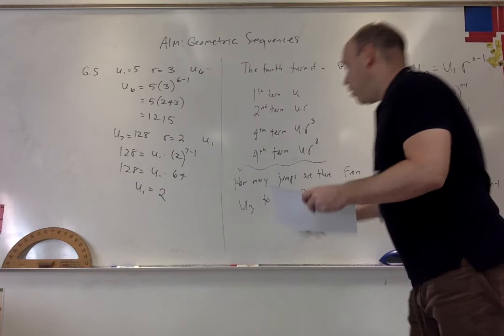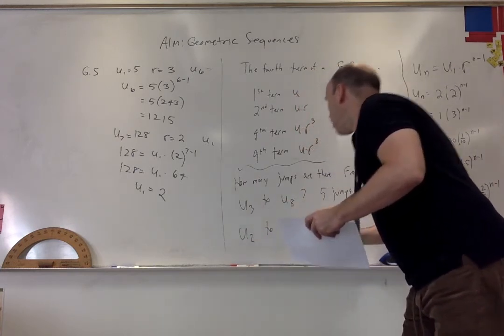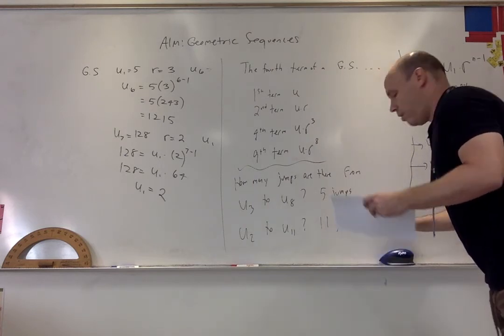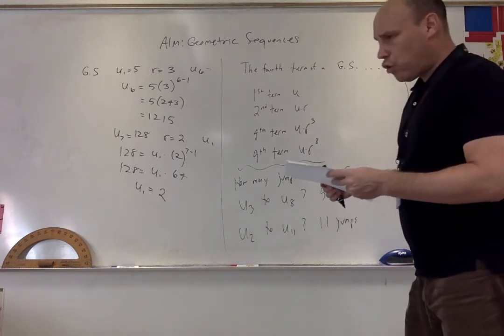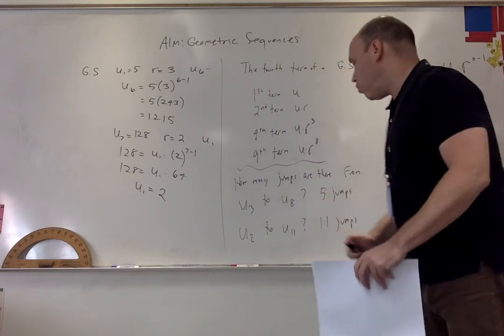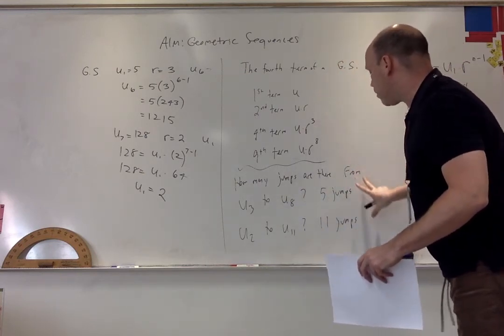How about u of 2 to u of 11? And that's 9 jumps. Right? And so when you work on these problems, I want you to think about this. I want you to connect these two ideas.